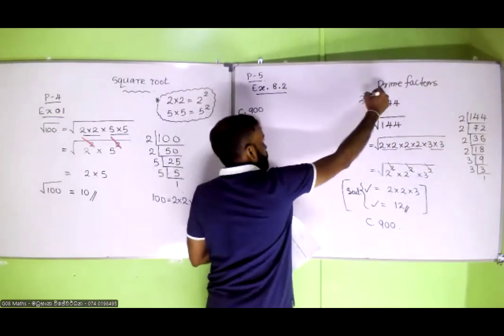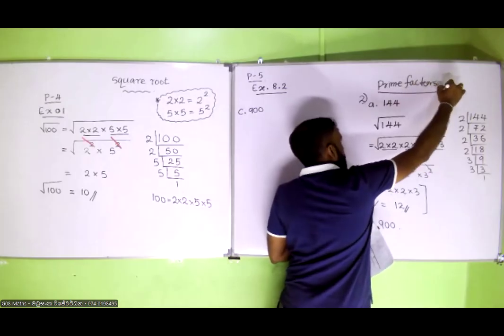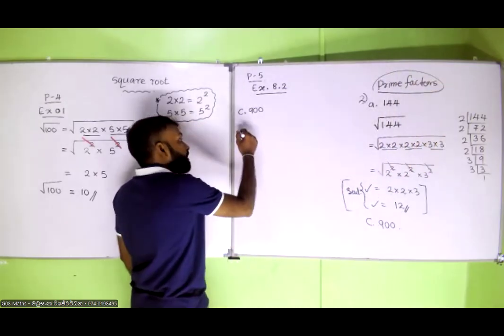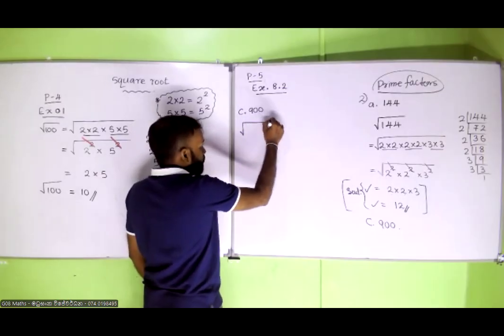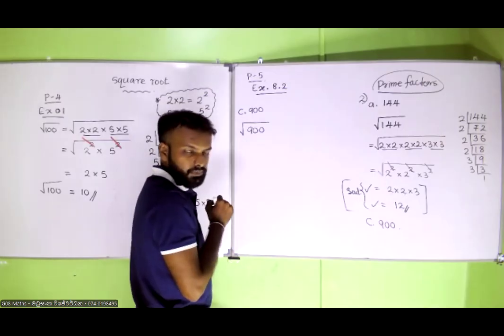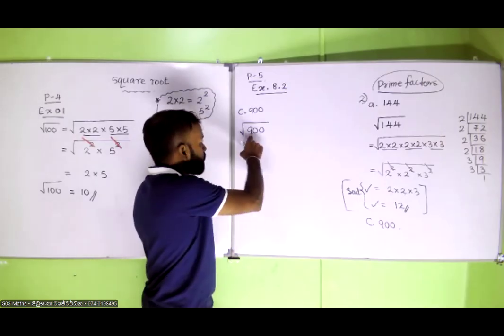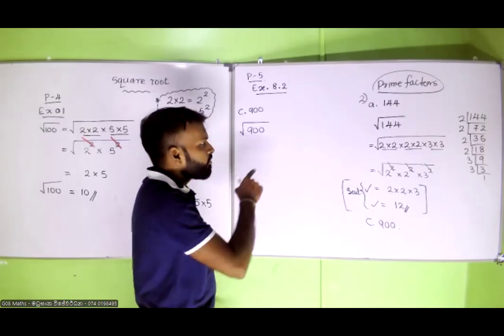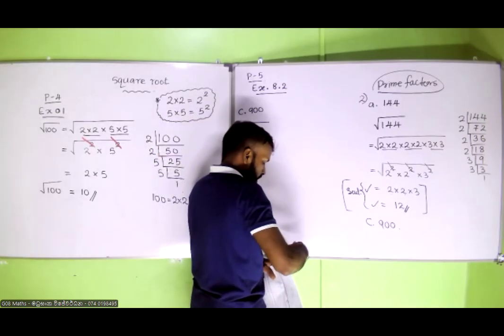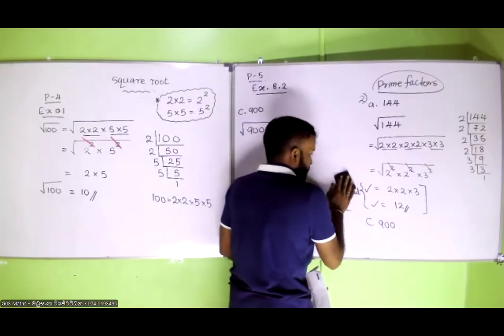So by using prime factors, you have to find the square root of 900. The square root of 900 means this. Now you know this. Square root of 900. And you are going to use prime factors in order to find the answer for the square root of 900.